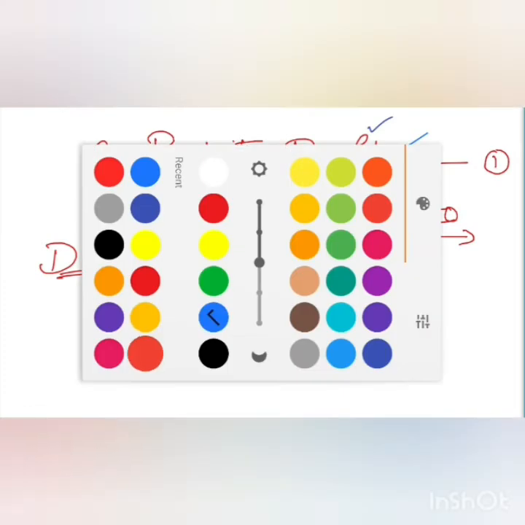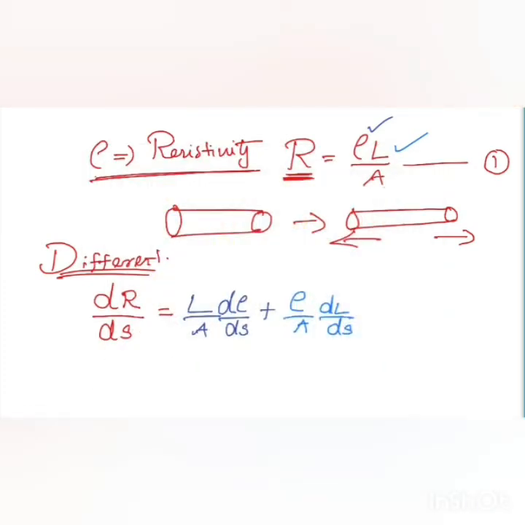Now let's move to the next component A. A is in the bottom, so if we take differentiation, it becomes minus, as the power here is minus 2.